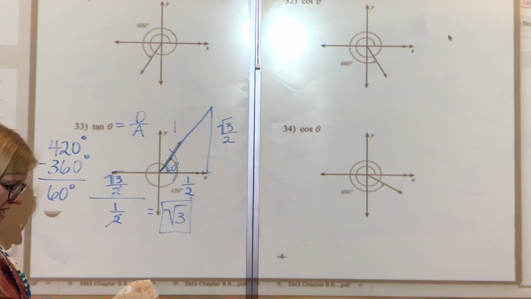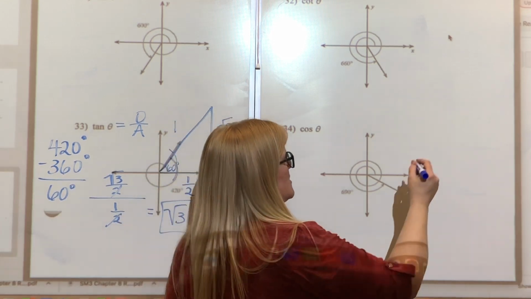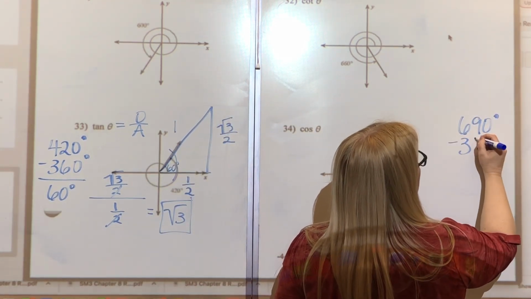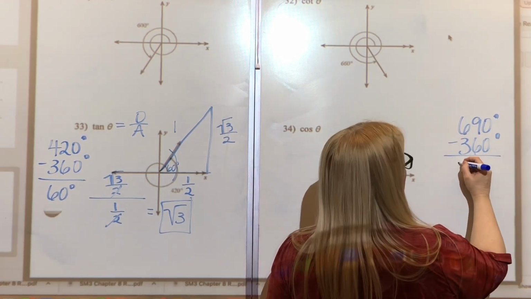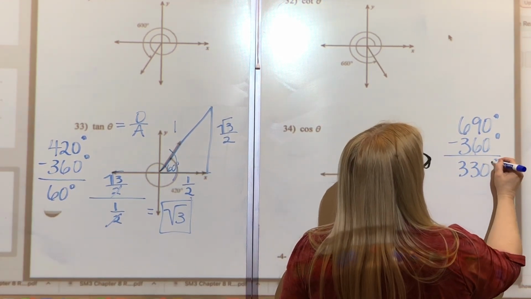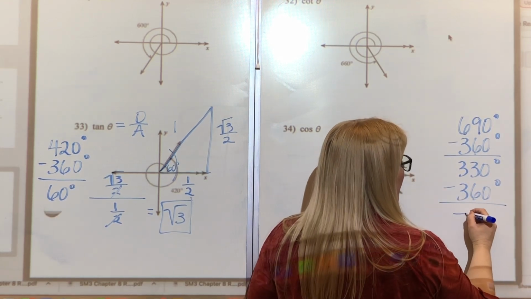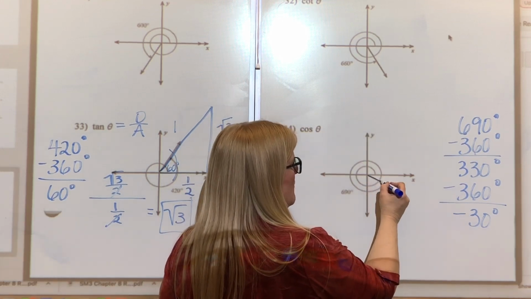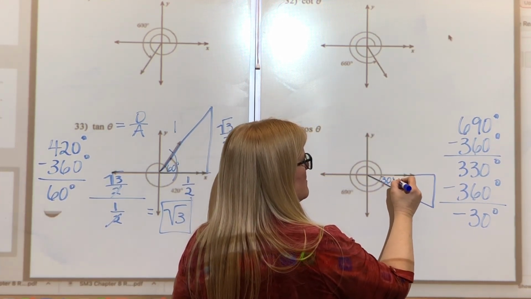Okay, and finally, this last one, another real curly one, 690 degrees. I'm going to unwind it. So this gives me 330 degrees, and again, I'm going to unwind it again just to see what I get. And I get negative 30 degrees. So this is 30 degrees.